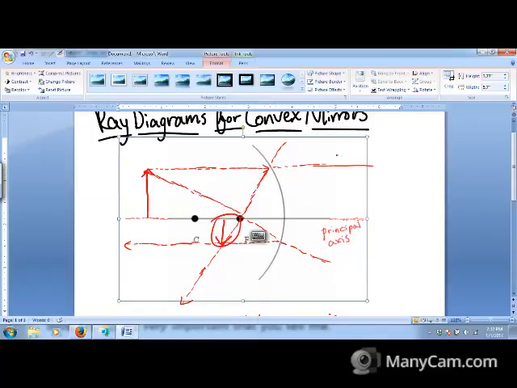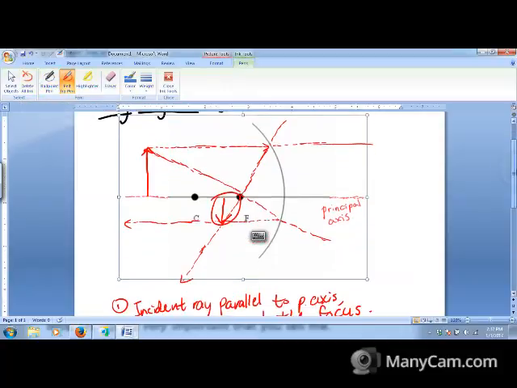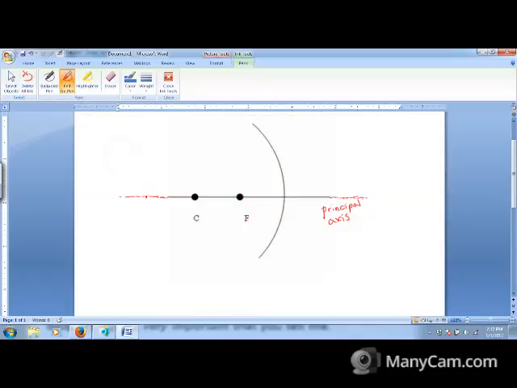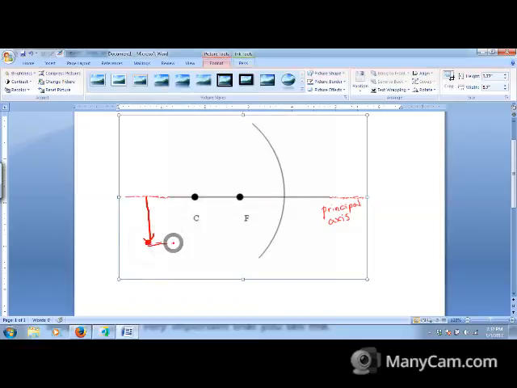Okay. Now let's do a slightly different one. Instead of having it straight up like this, what if it were straight down? Okay, well, we're still going to take this top point. We're going to make it parallel to the principal axis, or as parallel as I can make it in this video, which is going to go through the focus.